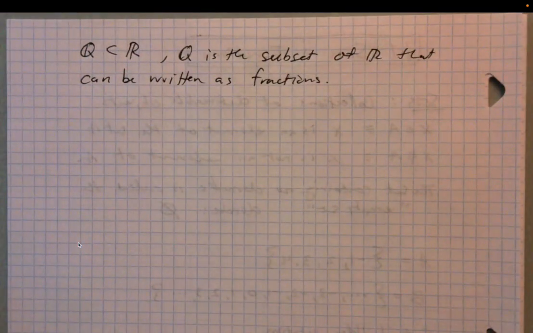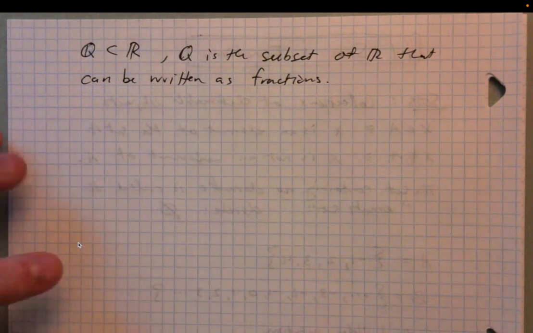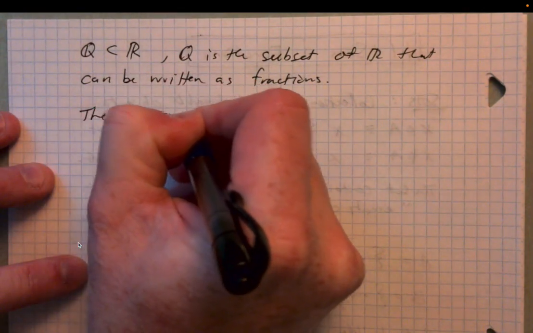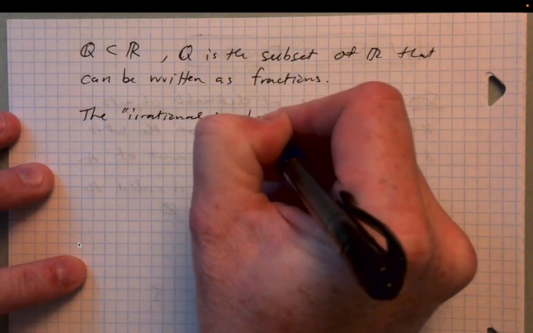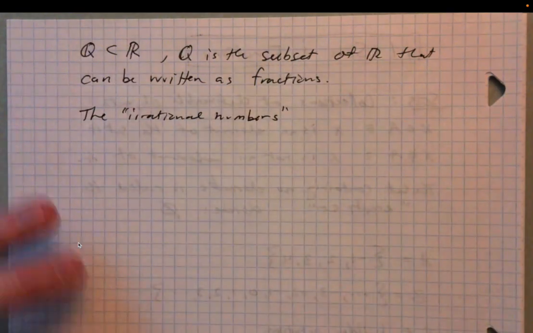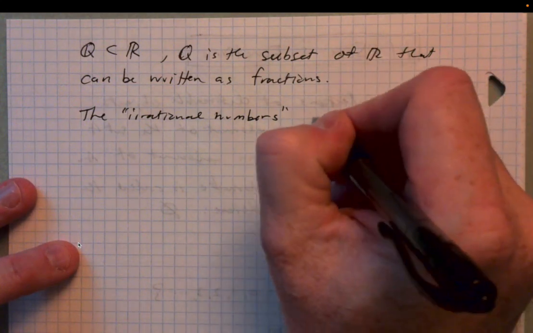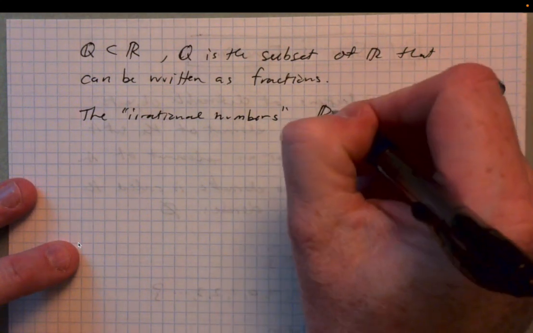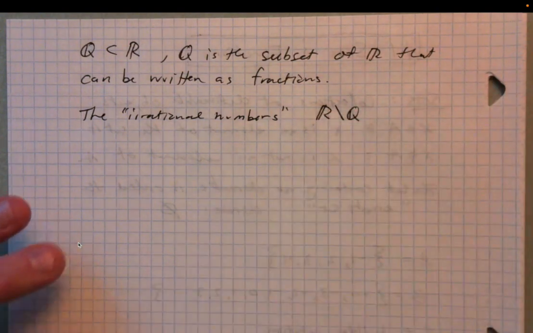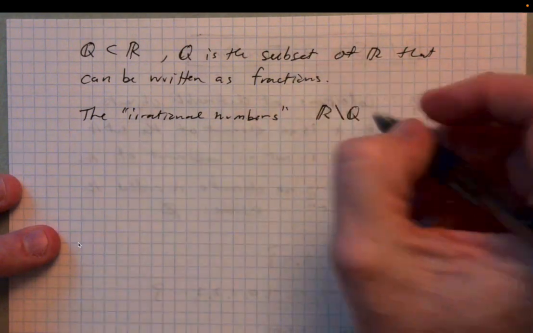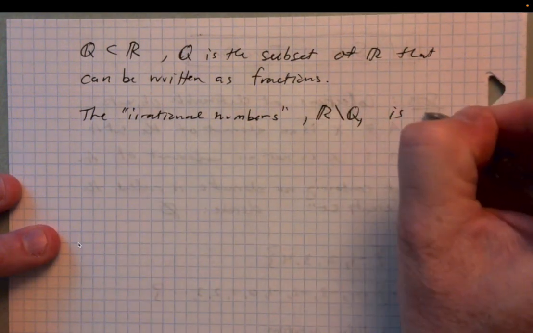There's going to be another subset of R that obviously doesn't have this property, and this is what we call the irrational numbers, numbers that can't be written as the ratio of two integers. We'll frequently denote this as R minus Q.